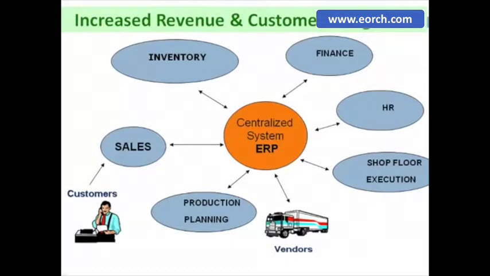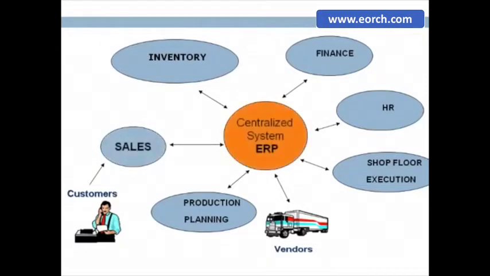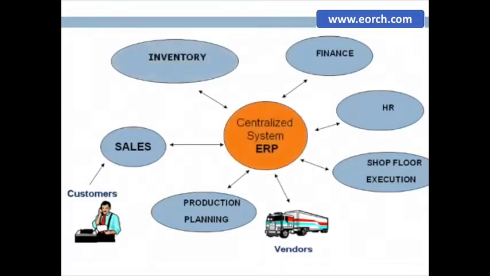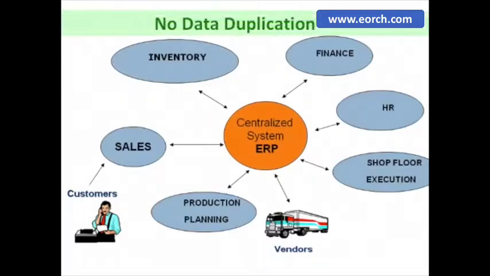In case manufacturing is required, the sales team updates the centralized database. Production planning department is auto-updated by the centralized database for requirements. The production planning team checks the availability of the raw materials required via the central database, which is updated by the inventory department. Thus, data duplication is avoided and accurate data is made available.